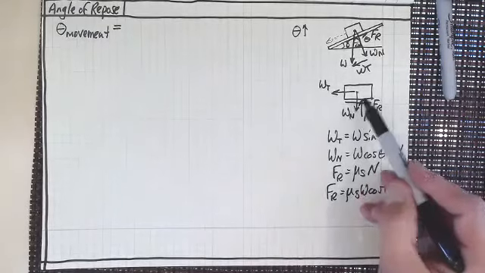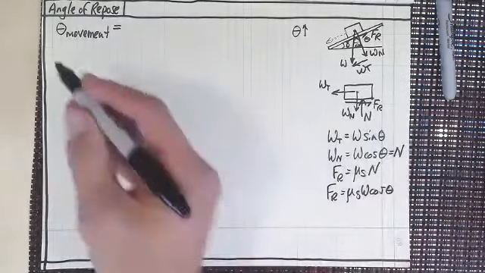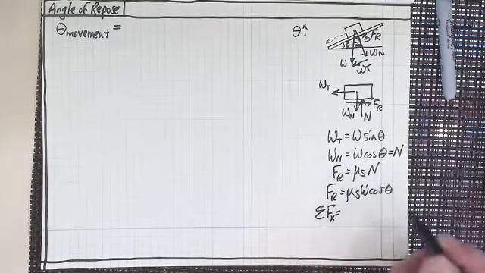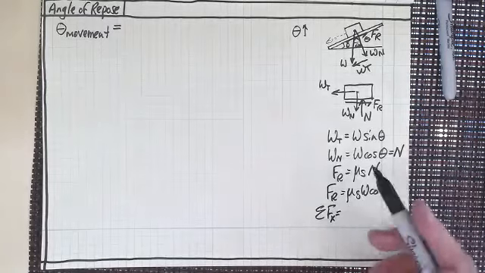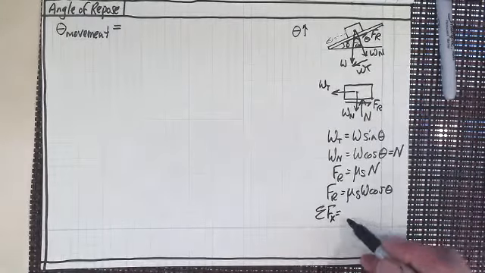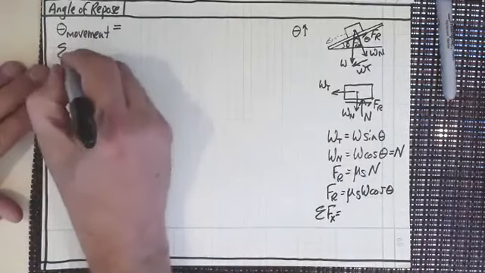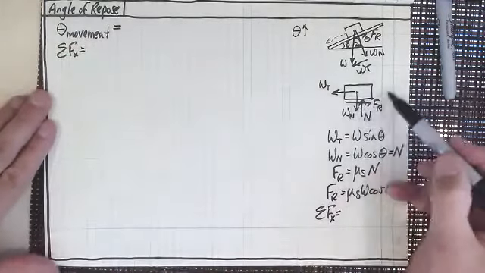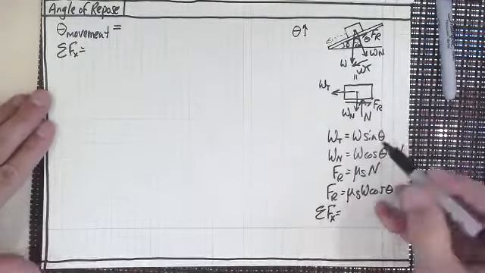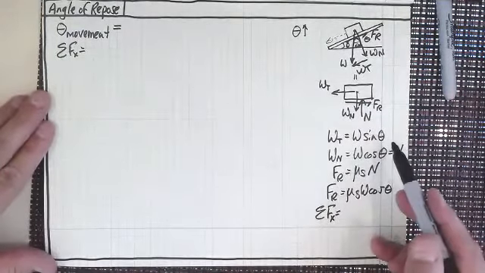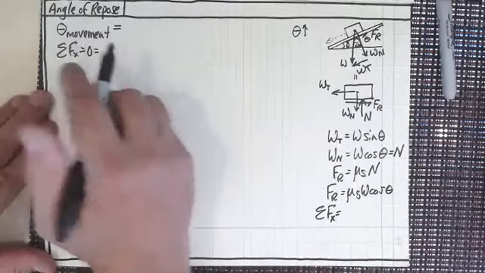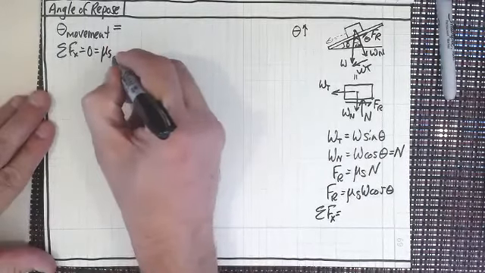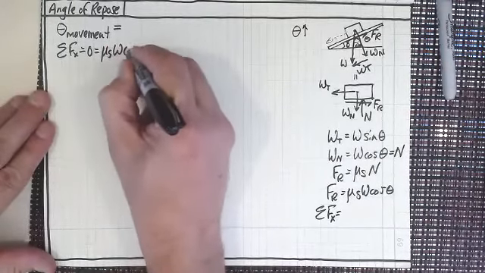And so when we sum these two forces together, summing the forces in the x direction, just from our free body diagram that we've got here, equal to 0, is going to be the positive frictional force, mu sub s times W cosine theta.